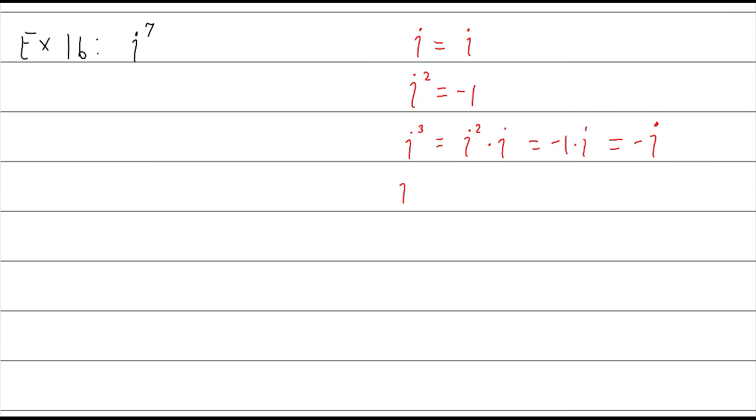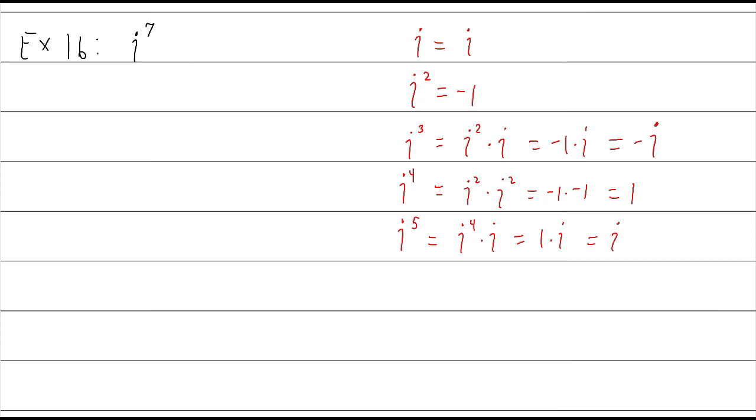It's just a negative version of the original. What about i to the fourth power? Well, that's i squared times i squared, which is -1 times -1. It's +1. What about i to the fifth power? Well, that's i to the fourth times i. And i to the fourth, we just figured out, was 1. So that's 1 times i.